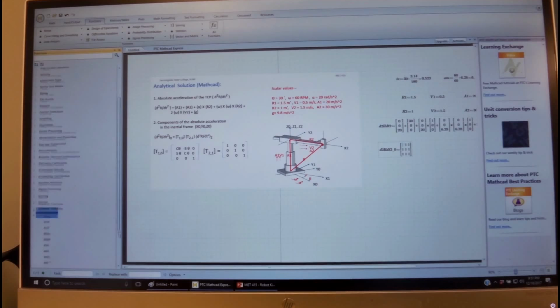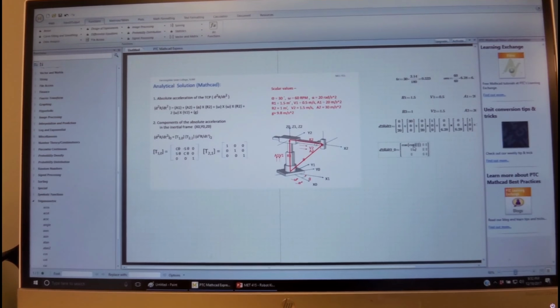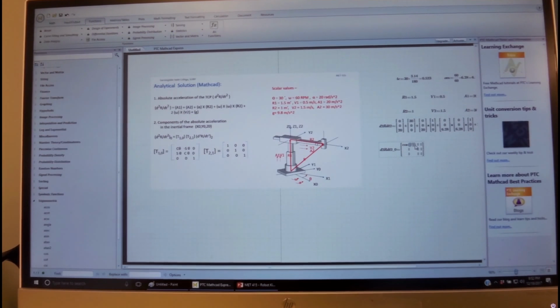And what we need is sine and cosine. So first of all, a cosine. We only need it once.